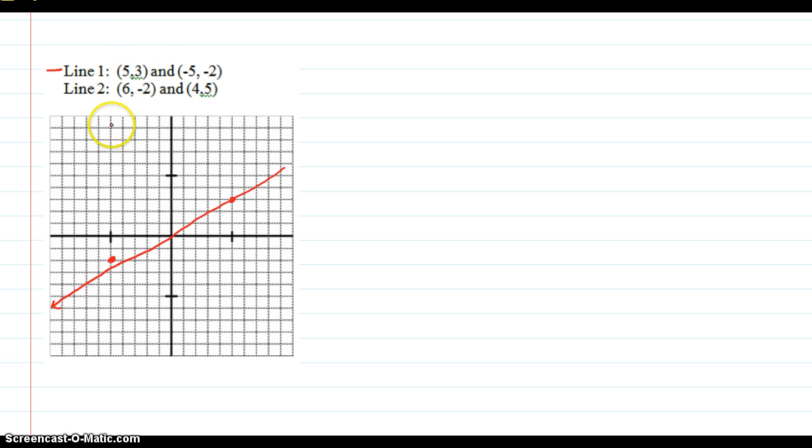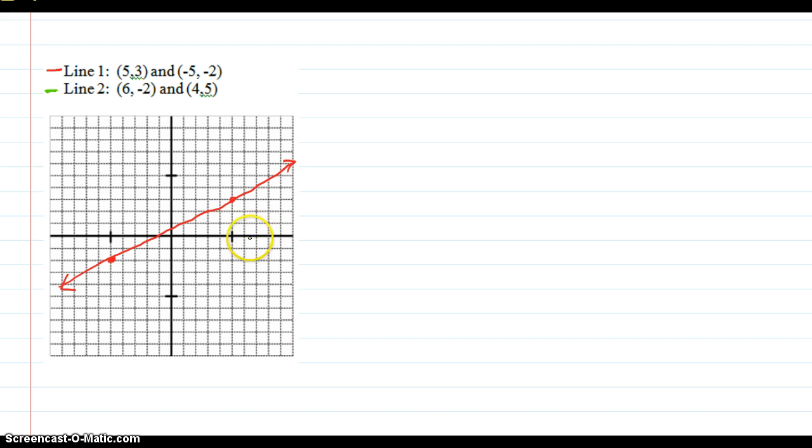Pretend it actually hit the dot. Let's see if we can fix that. Okay, let's try the next one. We'll do this one in green.